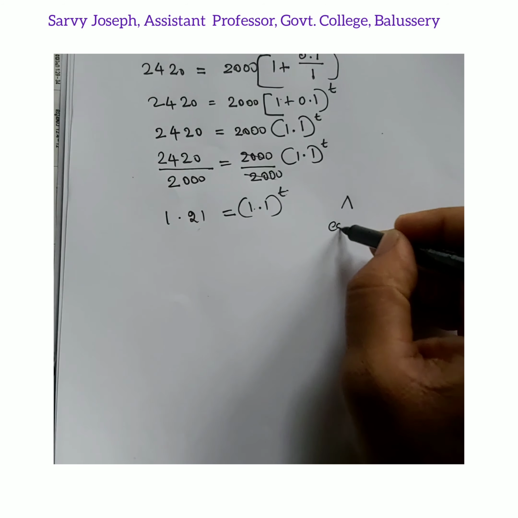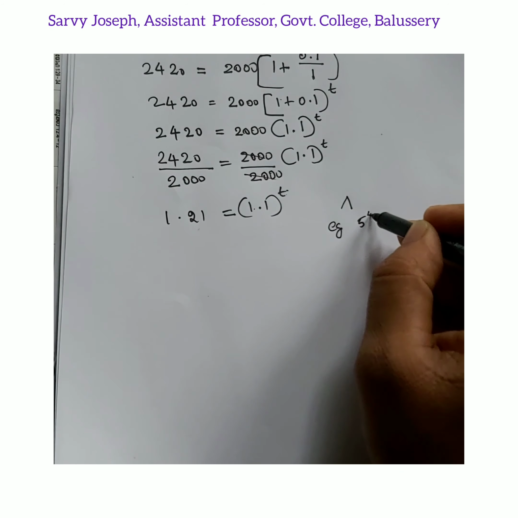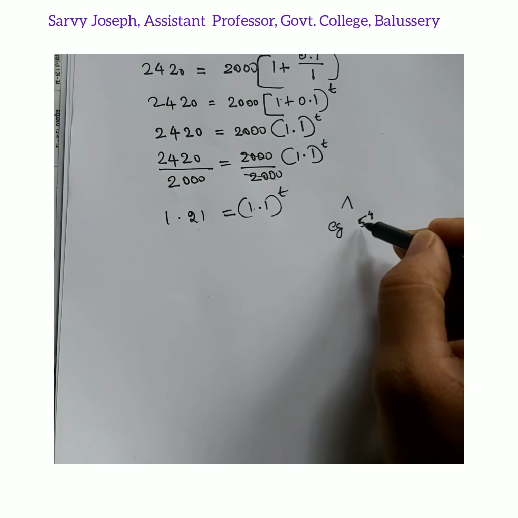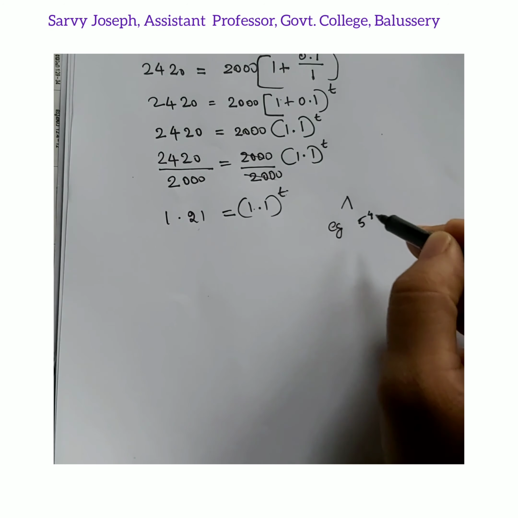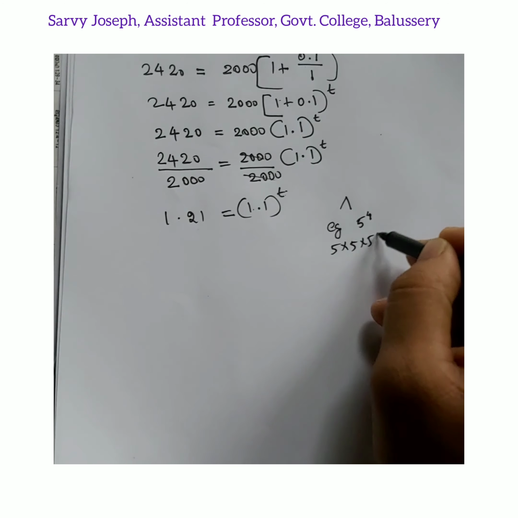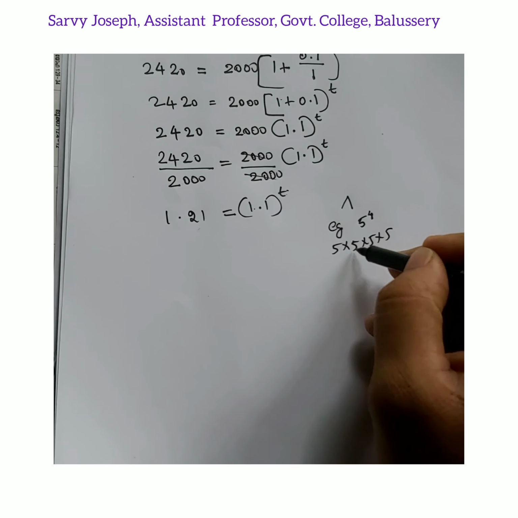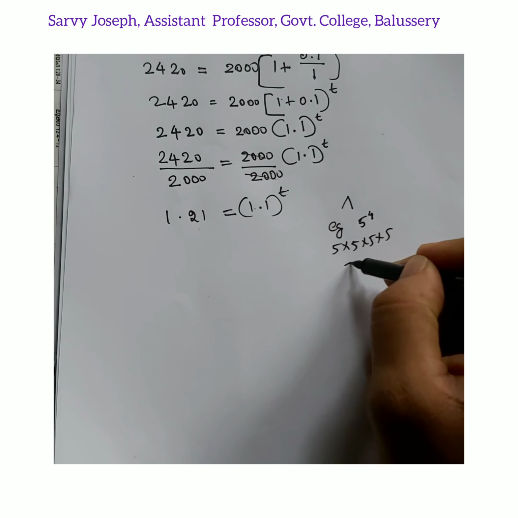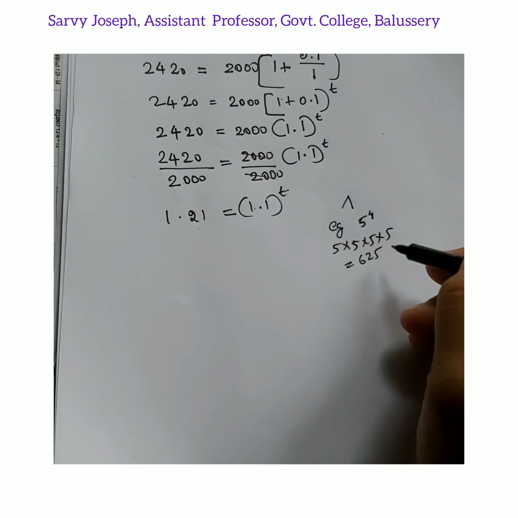For example, 5 raised to 4 means 5 is multiplied 4 times. That means 5 into 5 into 5 into 5, 5 into 5 is 25, 25 into 5 is 125, 125 into 5 is 625.